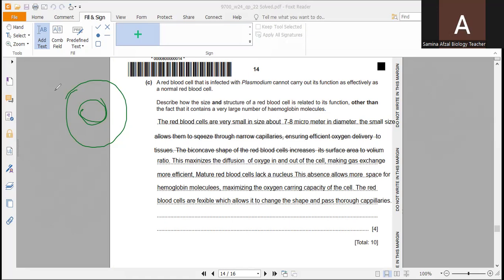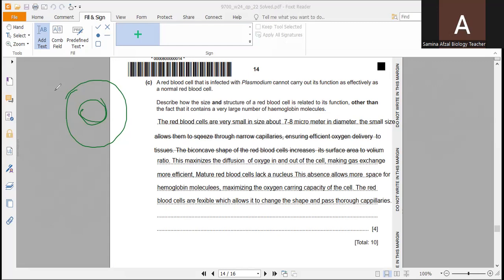It has a unique biconcave shape, lacks a nucleus, and its size is very small, for example 7 to 8 micrometers in diameter.